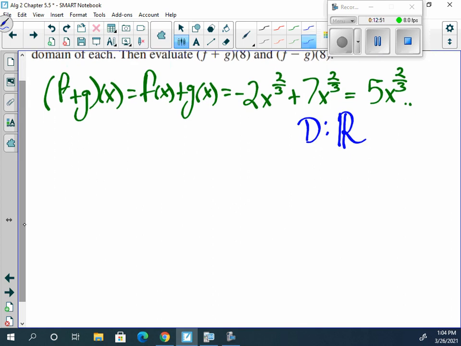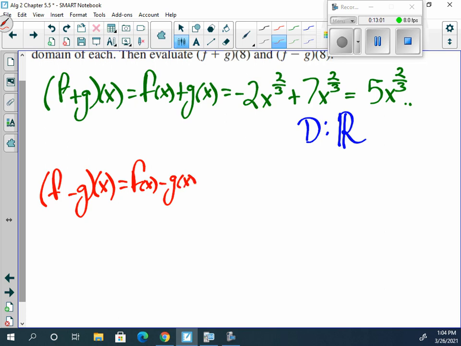All right. Well, we did addition. Now we're going to look at subtraction. f minus g of x is the same as f of x minus g of x, which would be negative 2x to the 2/3 minus 7x to the 2/3.